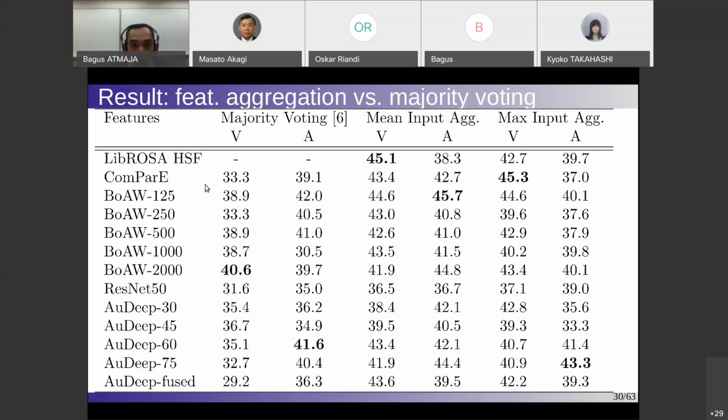For example, here using the ComParE input speech features, we improve from 33 to 43. And we can see other features here. Almost all features improve the accuracy score, not only for mean but also for maximum aggregation. So we can say that using input aggregation is better to model from chunks to story, so from small speech data to big speech data.